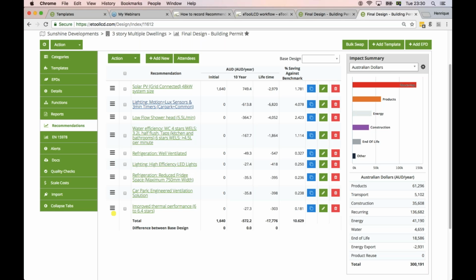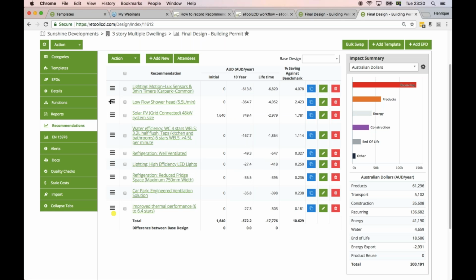Okay, so now it's the savings, the monetary savings, the percentage savings in terms of dollar savings, life cycle savings. So then you can reshuffle these recommendations again, just the top ones there that will give you the best bang for your buck, best environmental savings per dollar spent.